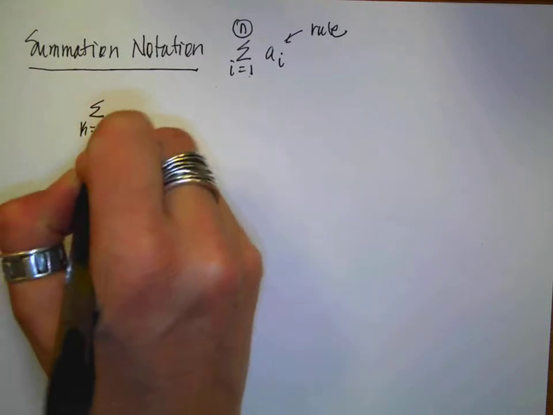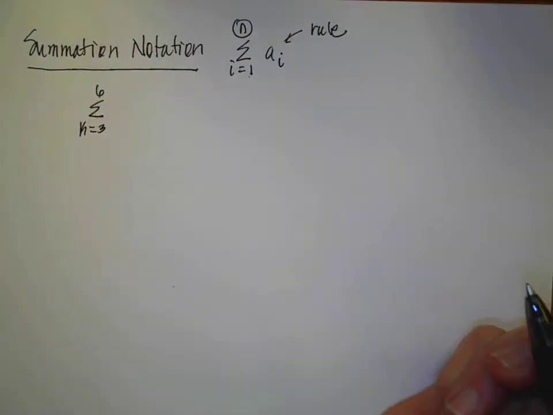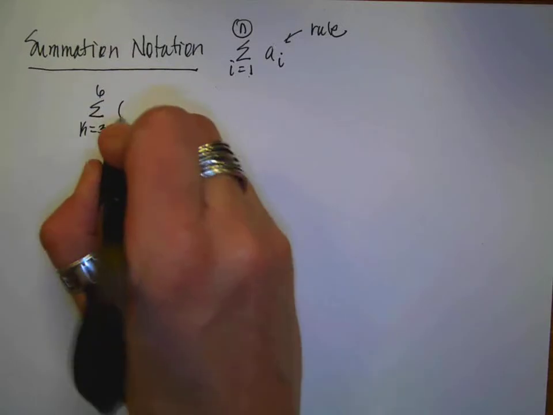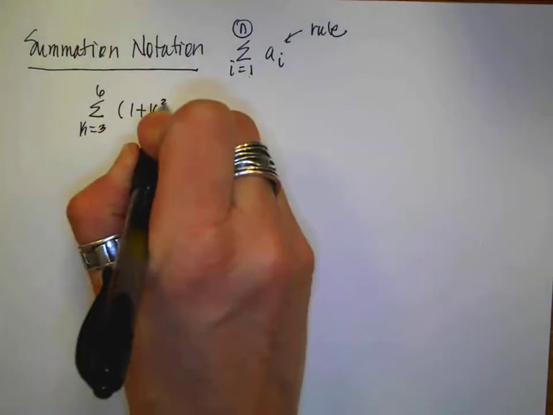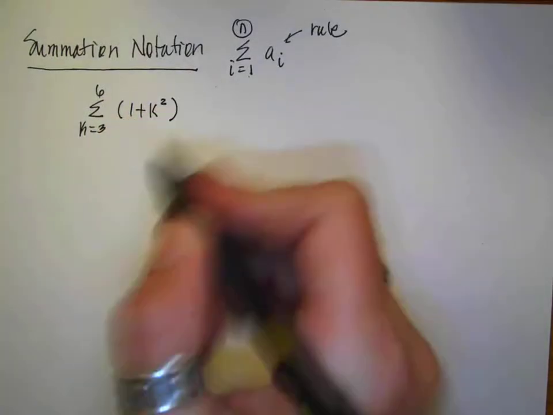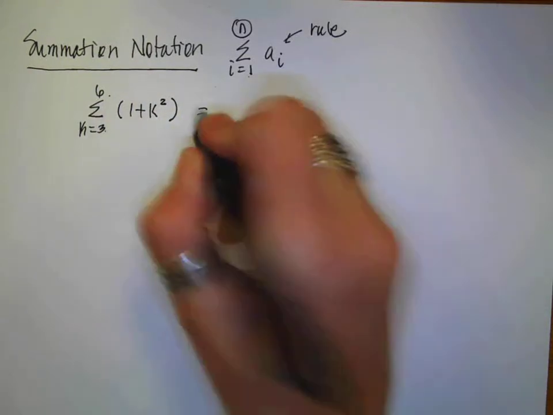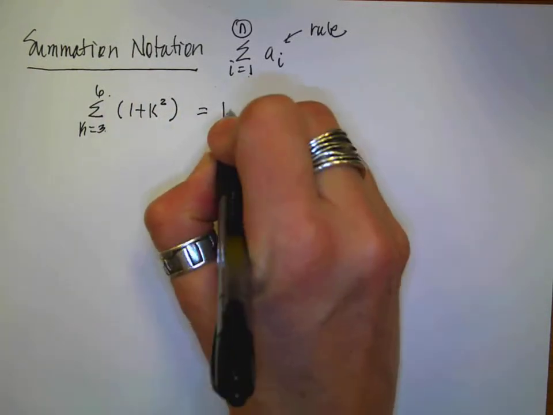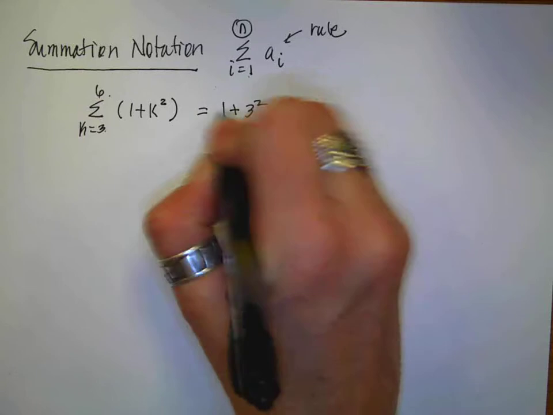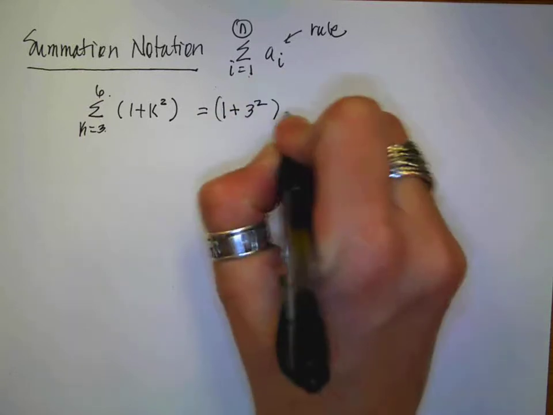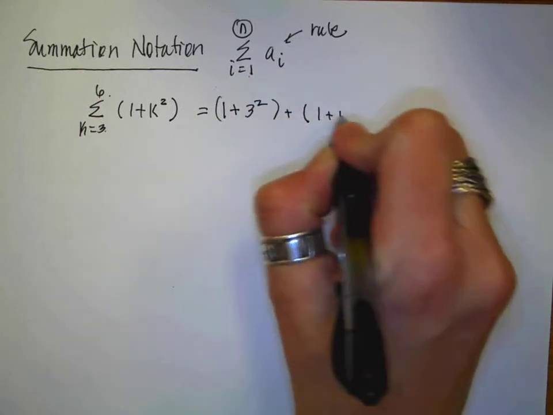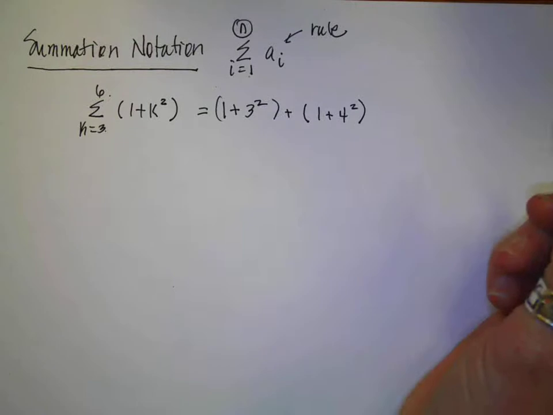So then what if I had one that said k is equal to 3 to 6? So I want to sum the terms 3 to 6, and if I had 1 plus k squared, this is the rule, then this would be the sum of the terms from 3 to 6. Okay? If I did it by hand, it would be 1 plus 3 squared, and then I would have 1 plus 4 squared.